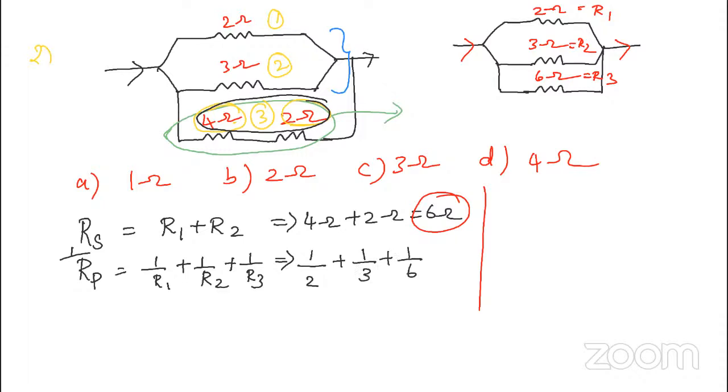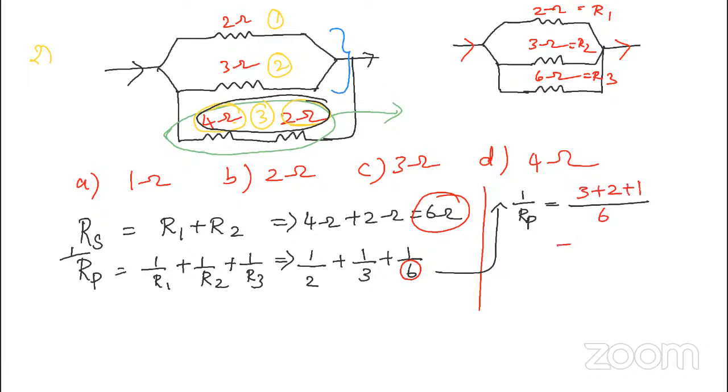Now we solve these values. The LCM we choose is 6. In 6, 1 by 2 goes 3 times, next one 2, plus 1.